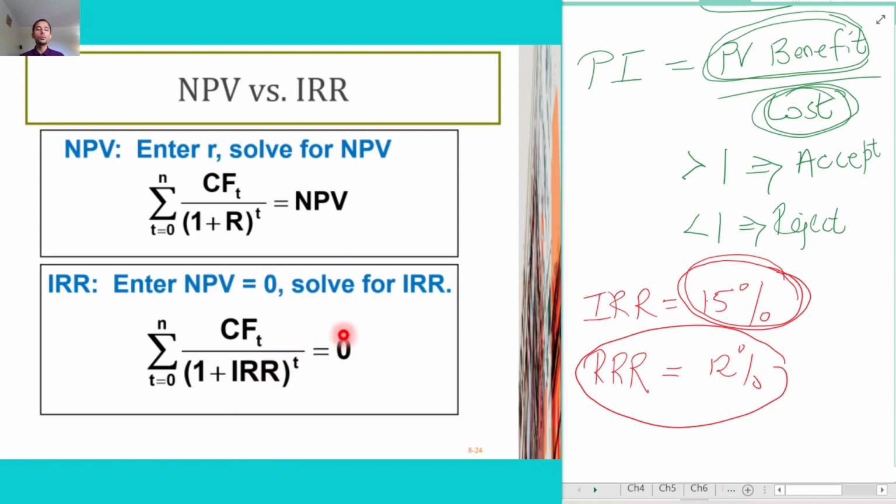Here we input 0 and go backward to calculate IRR. With NPV, you take the cash flows, discount them all, and find NPV. But here we do not know the rate; we know the cash flows and what NPV should be. Now we are trying to go backward to find the rate of return that will make the NPV 0.